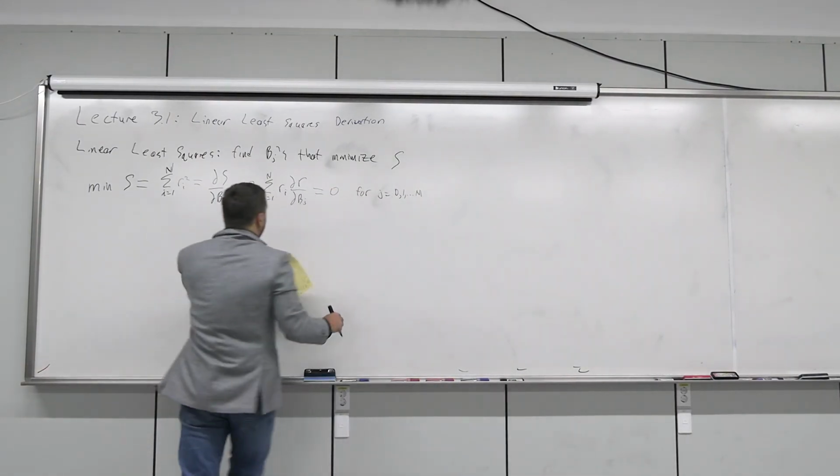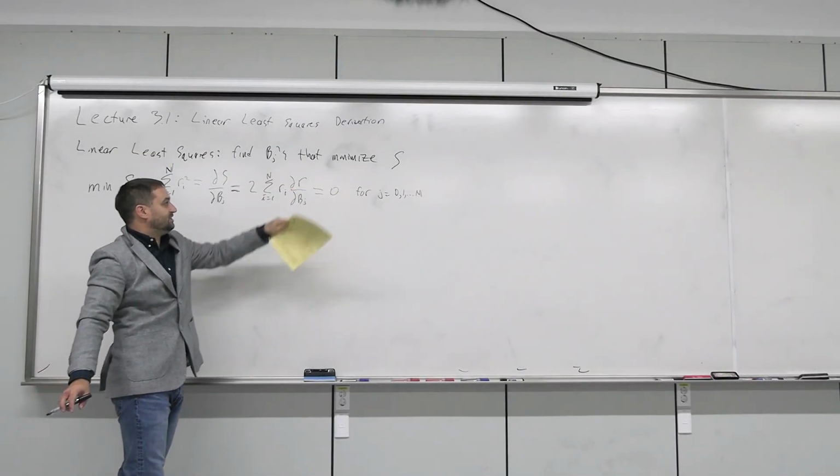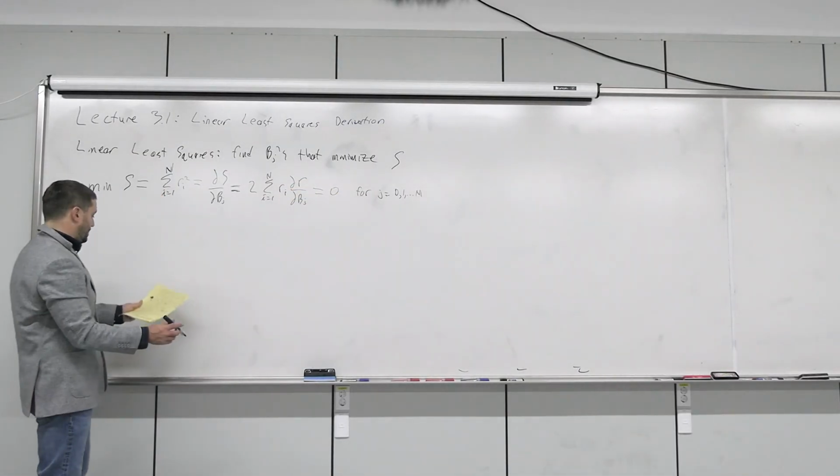And so now, what is the partial derivative of our residual with respect to beta j? So that's the next step.